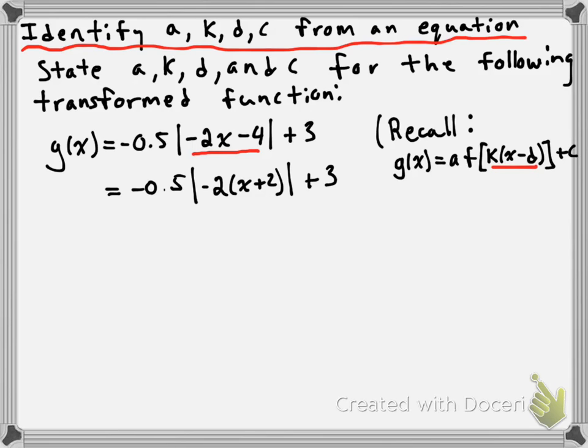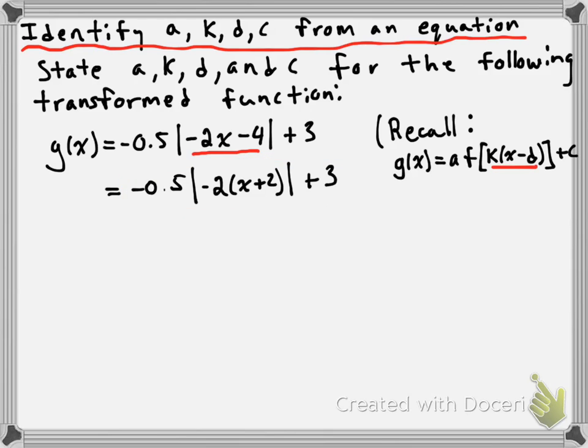Notice that that actually is going to change our d value here. By common factoring out the -2, we've actually changed the d value from what looked like it was going to be -4 to +2. So this is the correct equation to get the a, the k, the d, and the c value from.